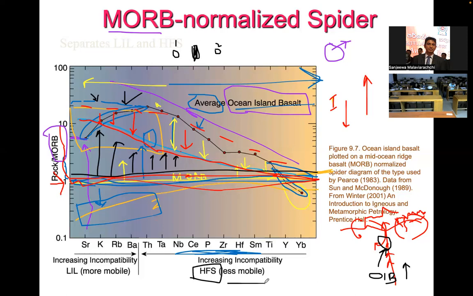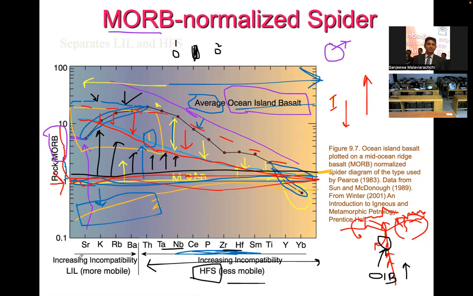Okay, but typically we take tantalum, niobium, zirconium, and hafnium as the typical high field strength elements, because they are the most used HFSEs due to their prominent behaviors in trace elements in igneous systems. Okay, but all these elements can be considered as high field strength elements, including rare earth elements.